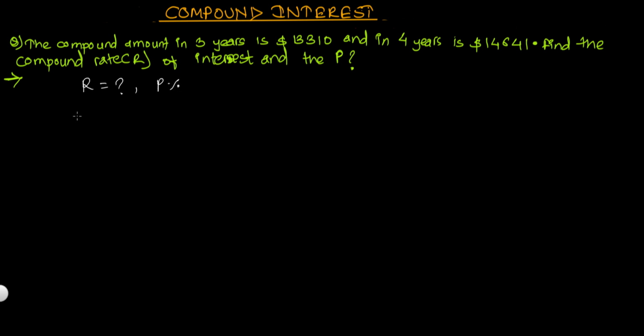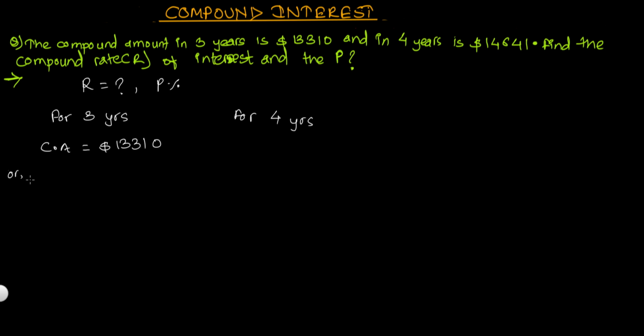The compound amount is given to us for 3 years and 4 years. Let us use two conditions here. Condition 1 is for 3 years and condition 2 is for 4 years. For 3 years the compound amount is given to us as $13,310.